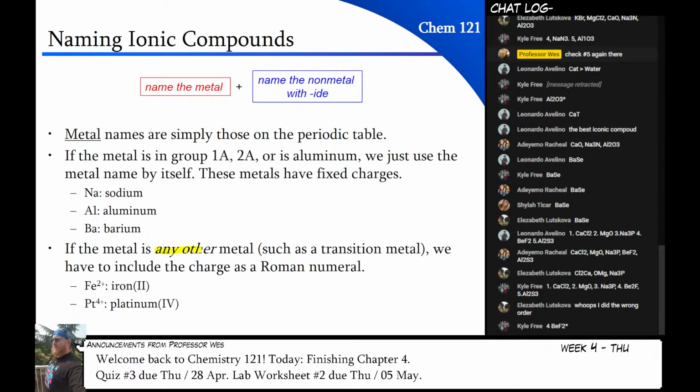If you have any other metal that doesn't conform to the octet rule, you have to include the charge as a Roman numeral. The Roman numerals are capitalized. These are the only capital letters that you will input into Canvas, is Roman numerals.